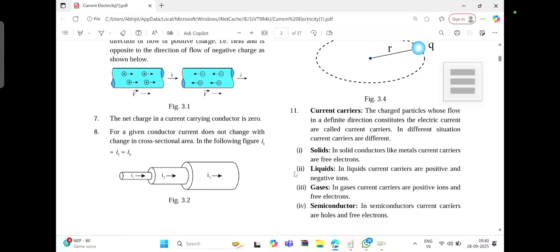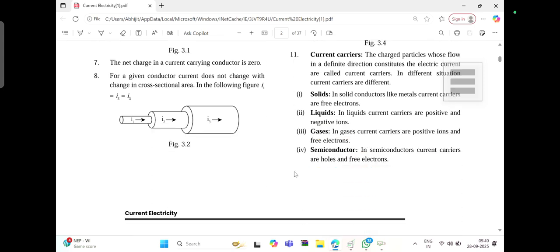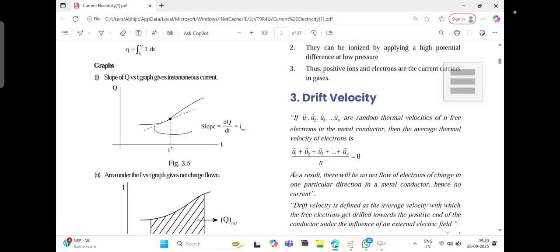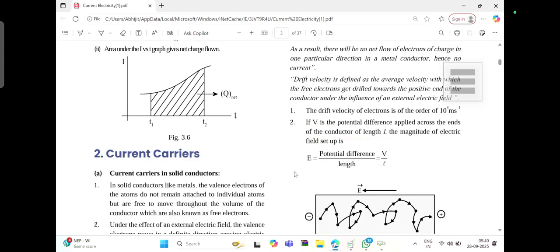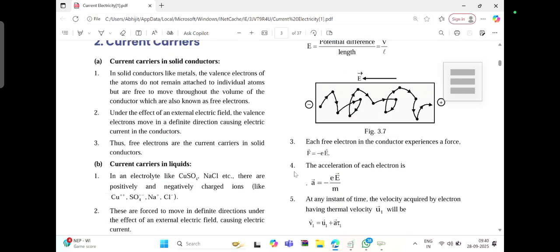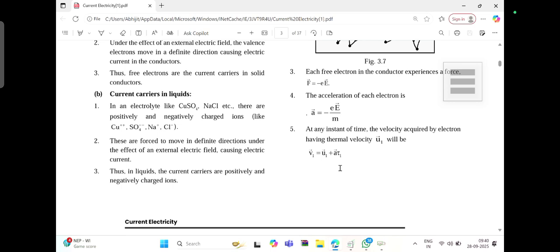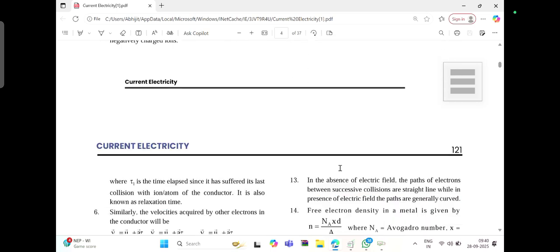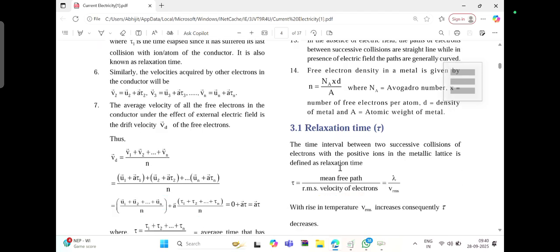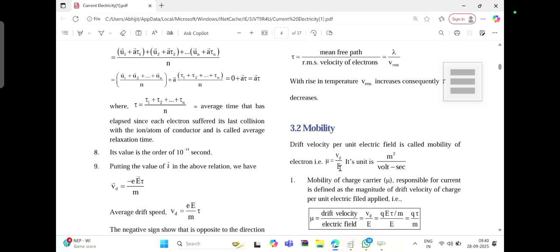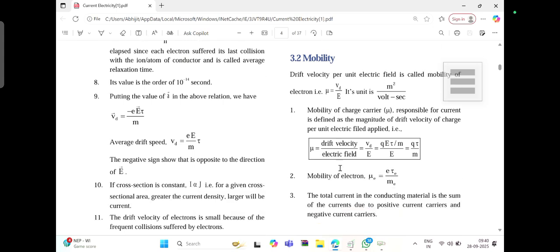That is an additional part, that is for class 12 students. Drift velocity: I have already told you the expression F is equal to minus eE, a is equal to eE by m. What is relaxation time? I have already told you, although you do not have this in your syllabus for class 10th grade.